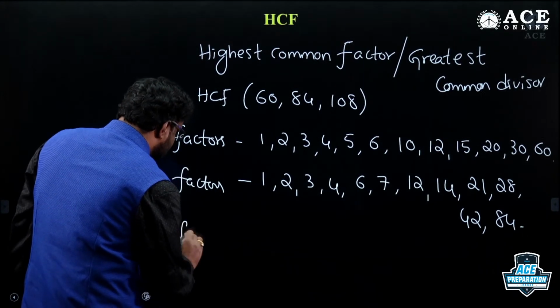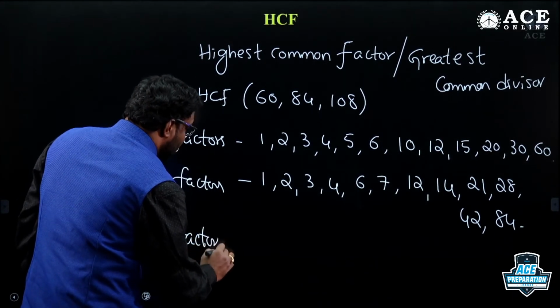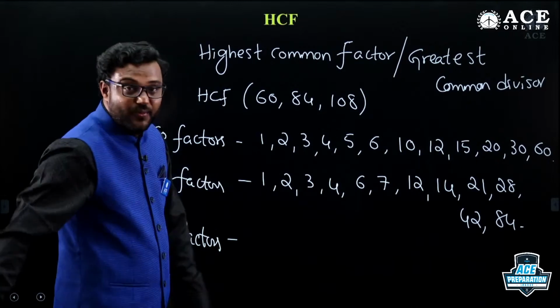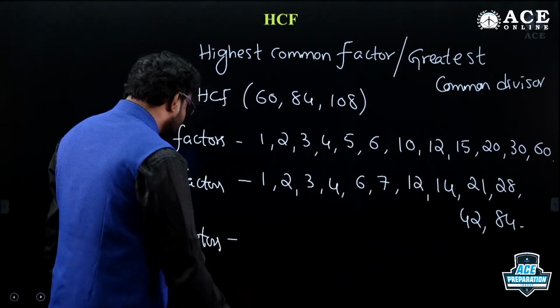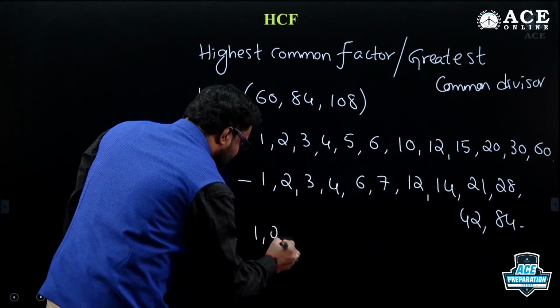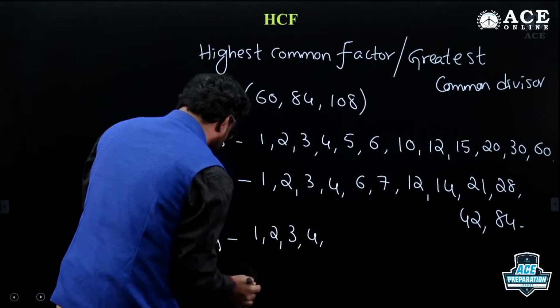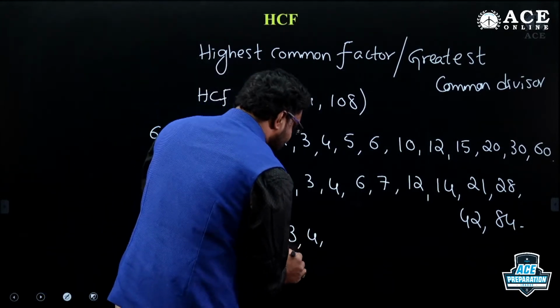After all this, my dear friends, what is the highest common factor? Common factors are many; we should find the highest one. 108 is divided by 1, 2, 3, 4, 6, and we'll get many factors here.